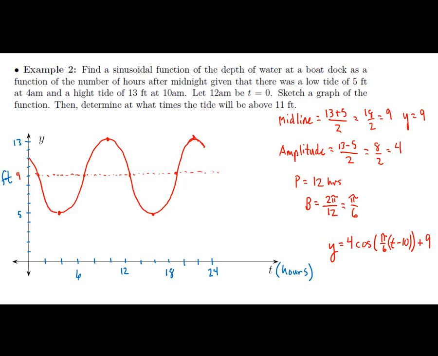So before we move on from this slide, let's do one more thing, which is to start to make sure we understand what we're looking for in terms of determining at what times the tide will be above 11 feet. So here's 11, and so let's understand that what we're doing here is saying, okay, when will this function that I've graphed have y values that are above 11 feet?